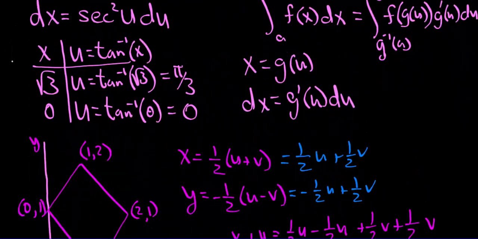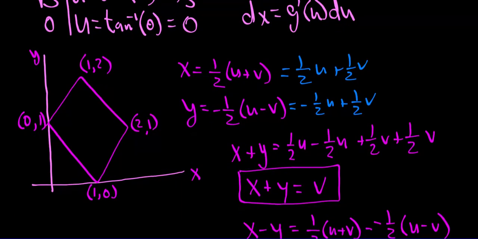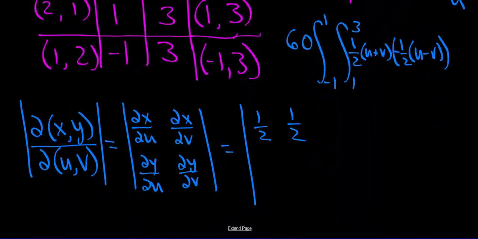Now, the partial of y with respect to u is going to be negative 1/2, and the partial with respect to v is going to be positive 1/2. We're using this determinant form so that we can easily remember how this works.